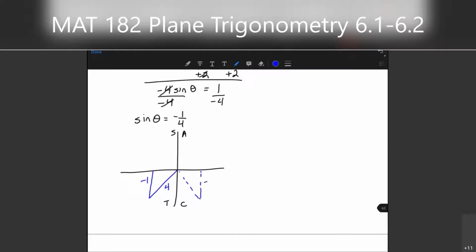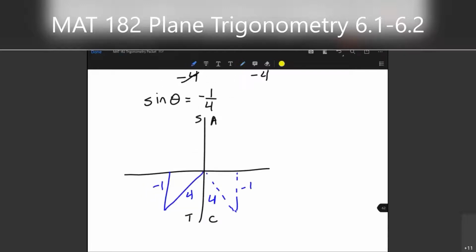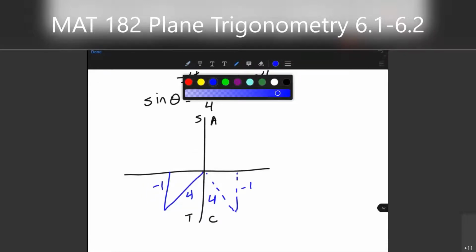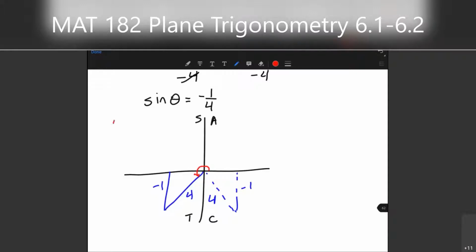Not exactly to scale, but those two triangles would represent my angles. So I've got one in the third quadrant there in red that we want to solve for. We'll call that maybe θ1.